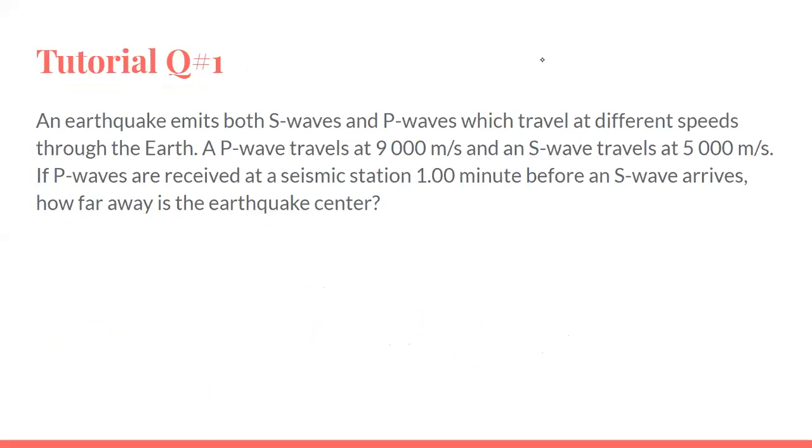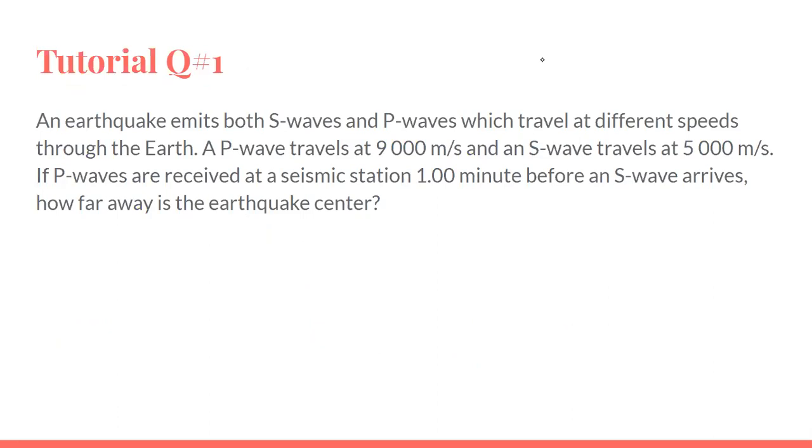Okay, this question, I saw it in a homework once a long time ago. I always thought it was an interesting question. Earthquakes emit both what are called secondary and primary waves. Essentially, a seismoscope will pick up these waves produced by the shifts in the tectonic plates.